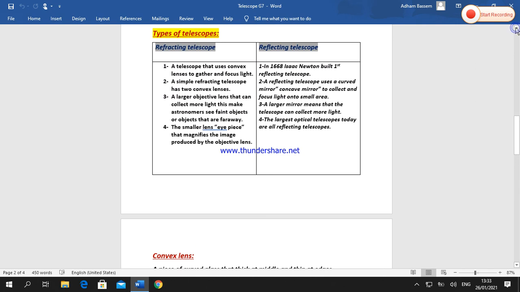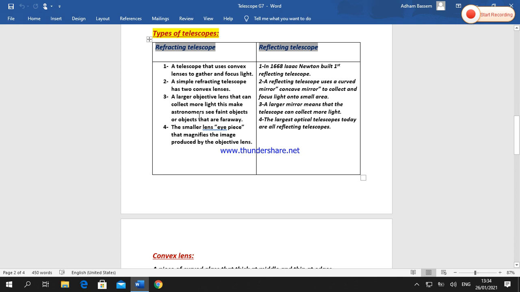So, in refracting telescope, we use convex lenses to gather and focus light. A simple refracting telescope has two convex lenses, one at each end, okay? A larger objective lens directs the light to collect more light.